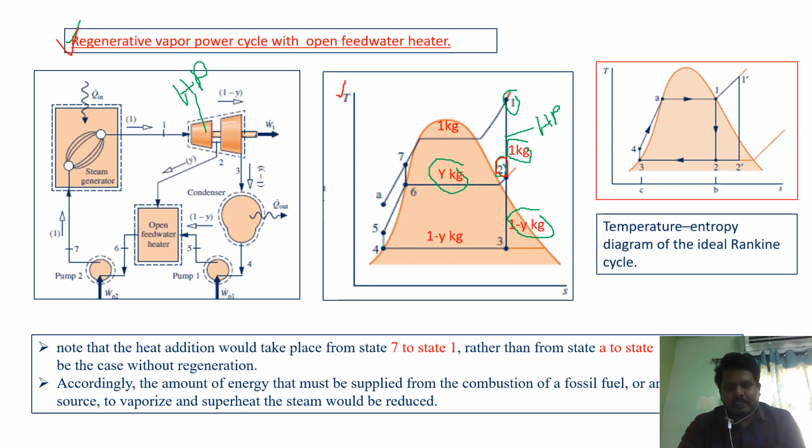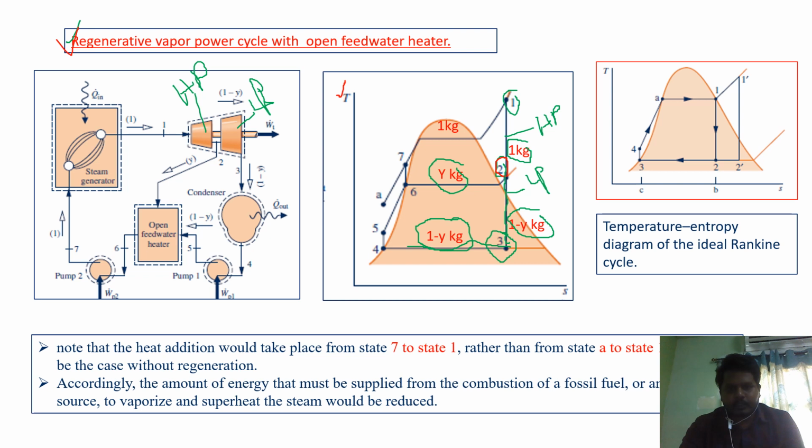The 1 minus Y kg mass will expand through the low pressure turbine in the process 2 to 3. Here 2 to 3 is the low pressure turbine. After expanding through the low pressure turbine, at point 3, it will enter into the condenser with the same mass, 1 minus Y kg.